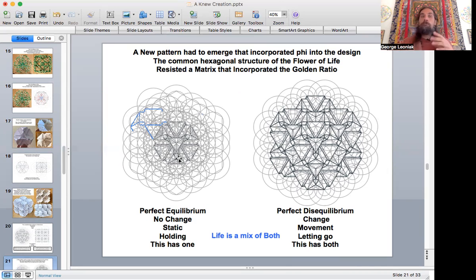It doesn't want to produce the golden hexagon in other areas very easily. So it's a bit of no change, static, and holding. There's a big universal unchanging thing, but we also have perfect disequilibrium within that change and movement, and instead of holding, letting go within that flow and movement.